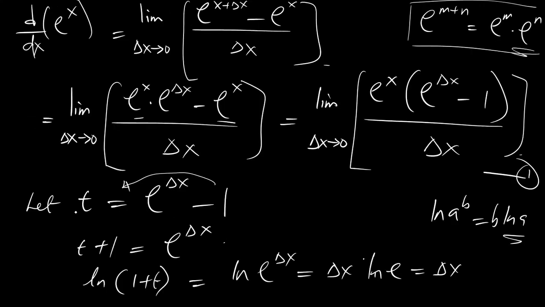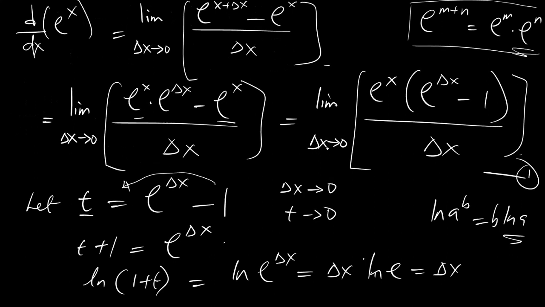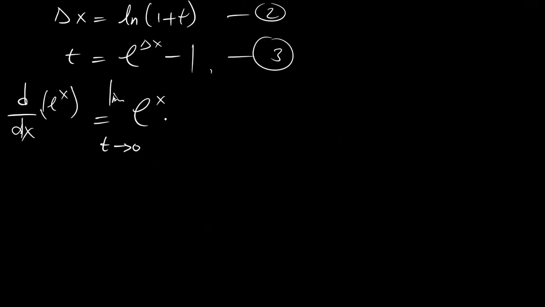Now when delta x tends to 0, t, which is e raised to power 0 minus 1, anything raised to power 0 is 1, so 1 minus 1 is 0, so t also tends to 0. So we want to change the variable: when delta x tends to 0, t tends to 0.